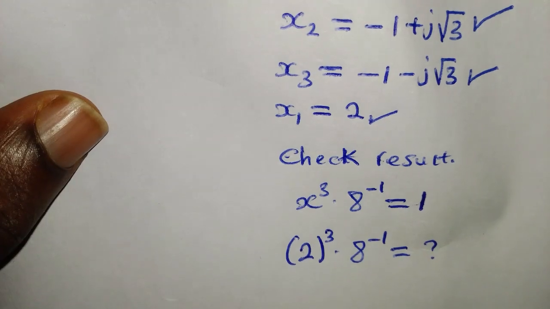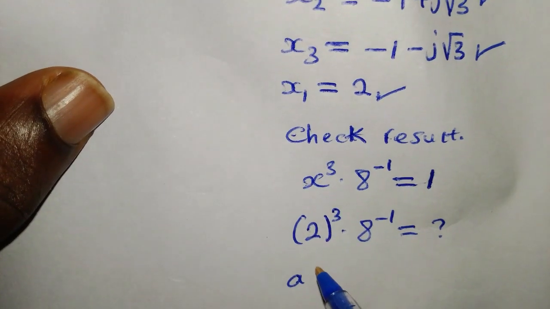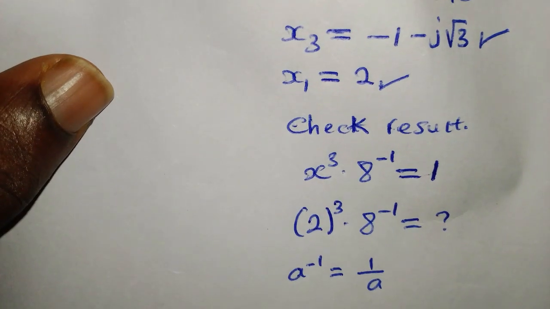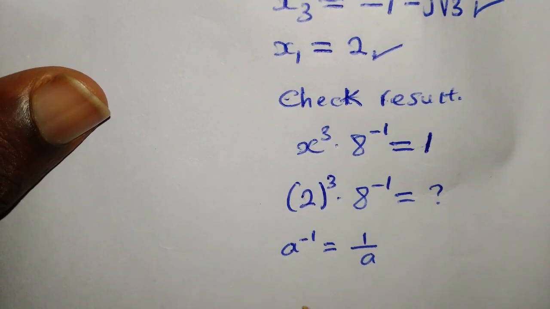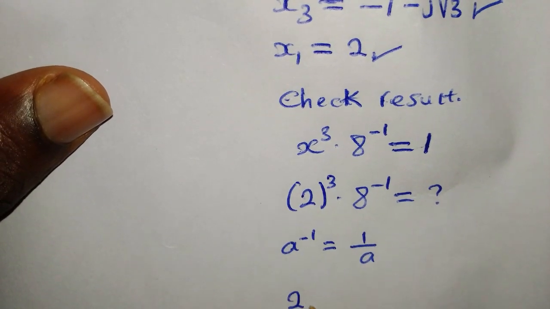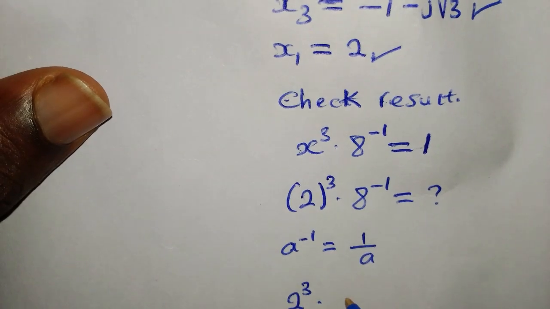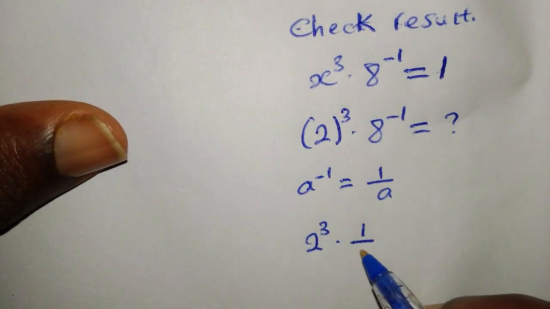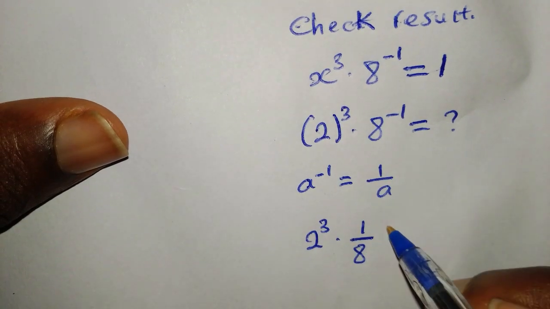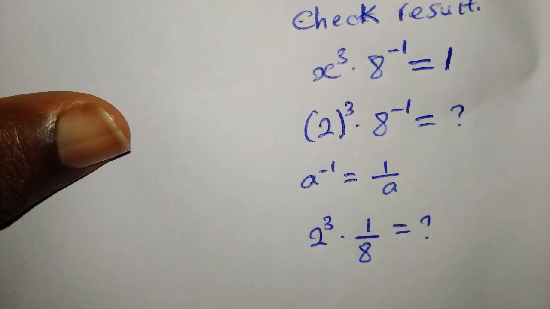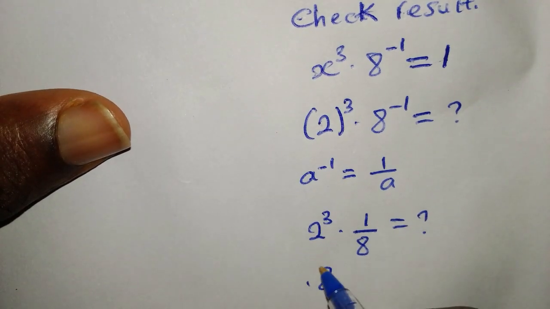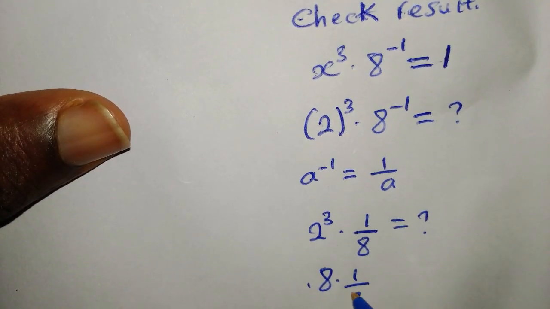I said if we have a to the power of minus 1, it is equal to 1 over a. So from here we have 2 to the power of 3 times 1 over 8, which is 8 times 1 over 8.